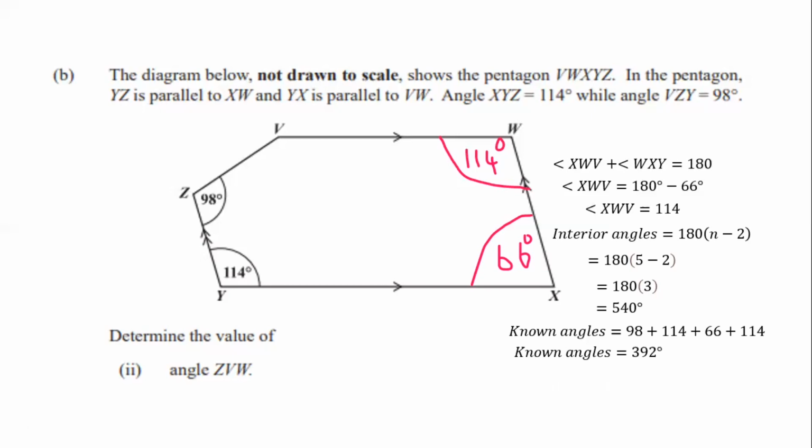So the magnitude at V is 540 degrees minus 392, which gives us 148 degrees. So angle ZVW, which the question asks us to find, is 148 degrees. We can check this by adding 148 degrees to 392, and we will indeed get 540, which is the sum of the interior angles in a pentagon.